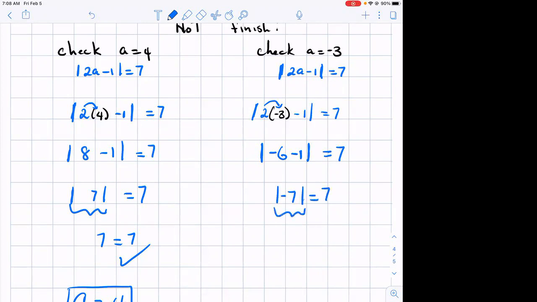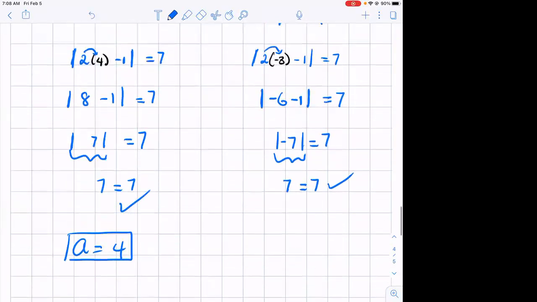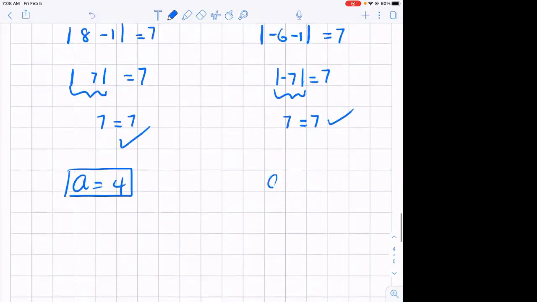The absolute value of -7 is 7. So 7 is equal to 7. That also checks. So in this case, a is equal to -3 also. So our two answers are a equals 4 or a equals -3.